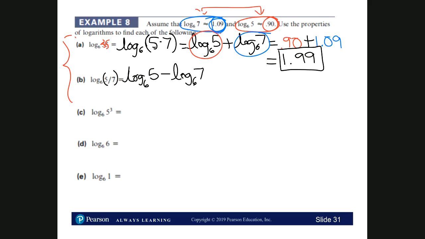Now I'm going to substitute the log base 6 of 5 part with 0.90. And I'm going to substitute this part, the log of 7 base 6, with 1.09. Remember, this is subtracting.